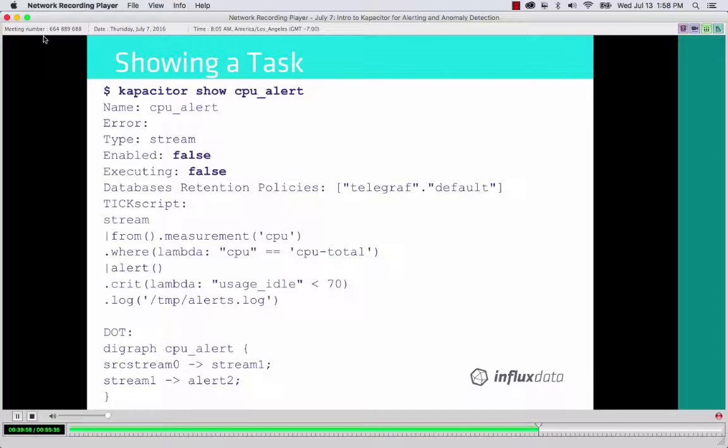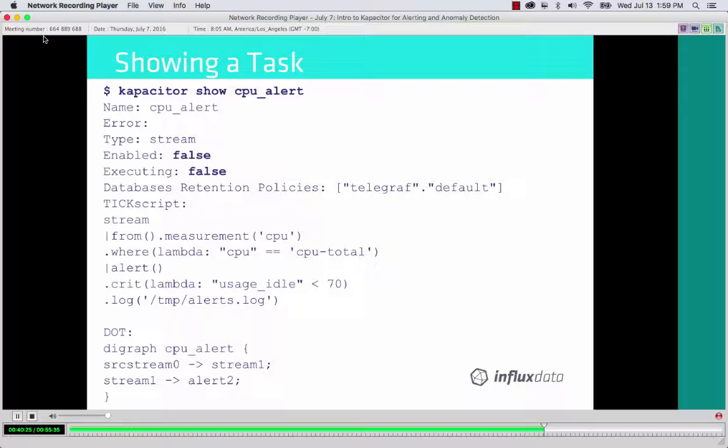The next thing you can do, other than record something, make a recording of a task, is show a task. To do that, you use the show command in the kapacitor CLI. So you say kapacitor show cpu_alert, and you should see something that looks like this. The important things to note here are that enabled and executing are both false.